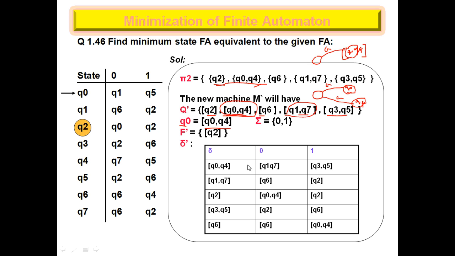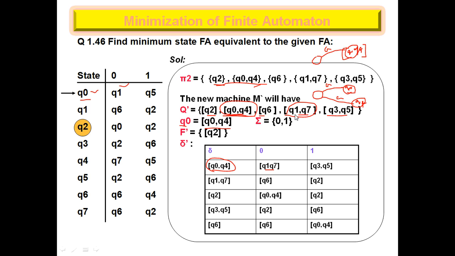So how to make this transition table? Initially we have Q0, and right now we don't have a Q0 state. We have Q0, Q4 collectively known as a single state. That's why we have written Q0 and Q4 here. By seeing this Q0, we reach Q1, so here we have Q1 and Q7, because we don't have any state named Q1 itself.